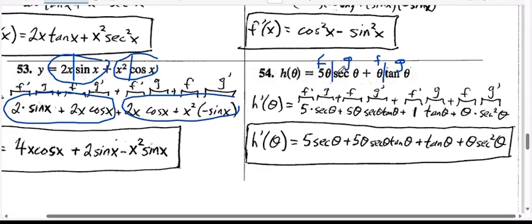So here, if I do f prime g plus f g prime: differentiating 5 theta gives 5, and I'm going to write sec theta. Now I'm going to do the same: I write 5 theta and differentiate sec theta, which is sec theta tan theta, according to the rule.